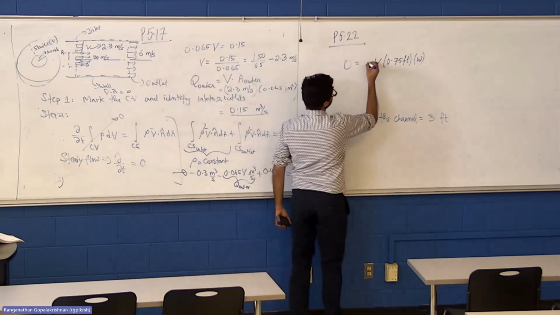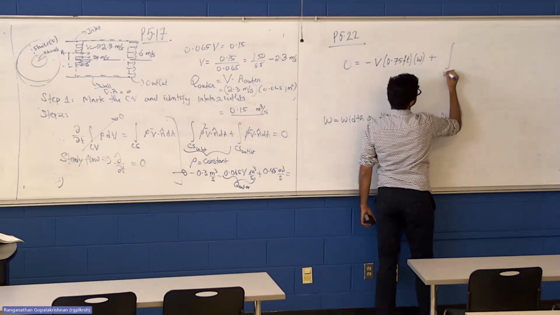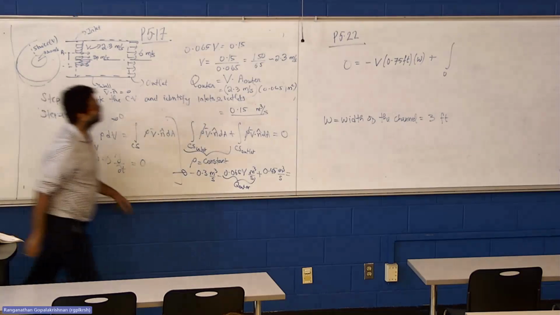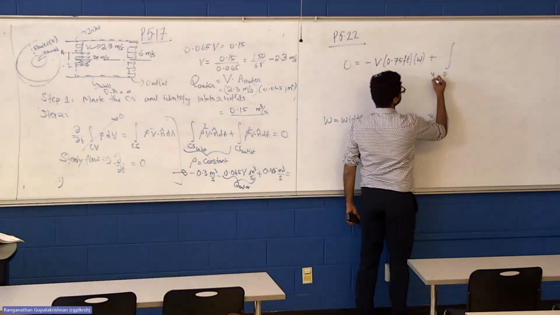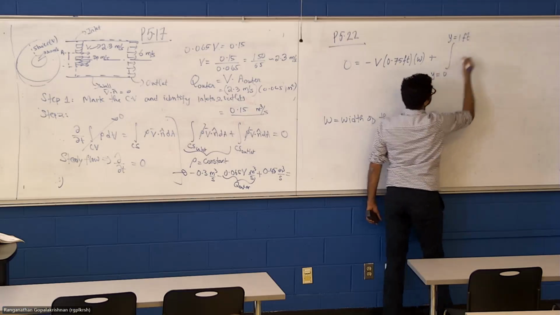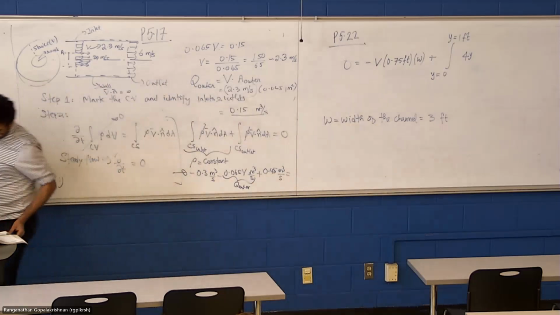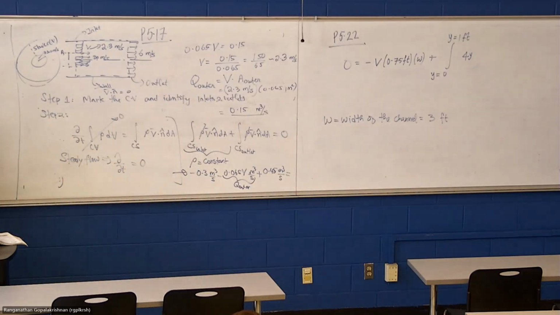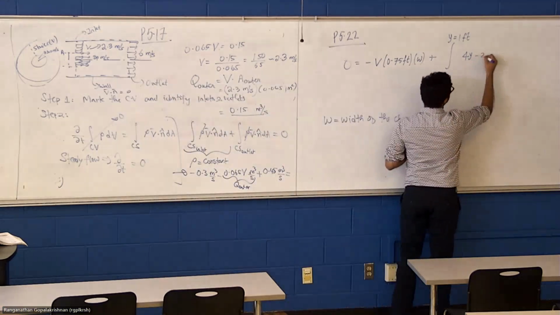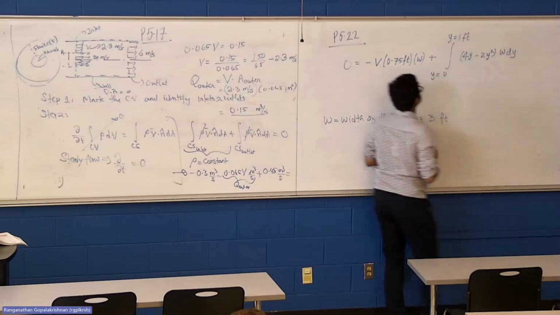This is inlet, so I have to add a negative sign, plus the integral from y equal to 0 to y equal to 1 feet of 4y minus 2y squared times W dy.